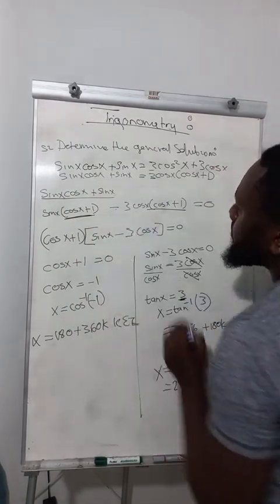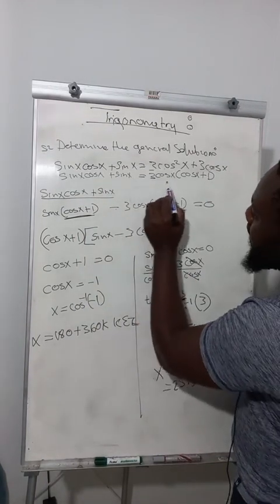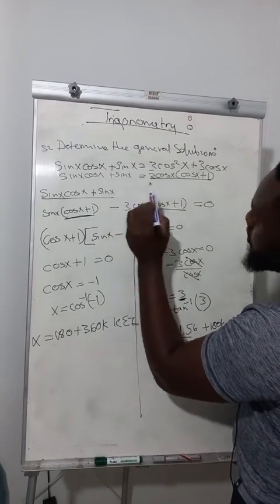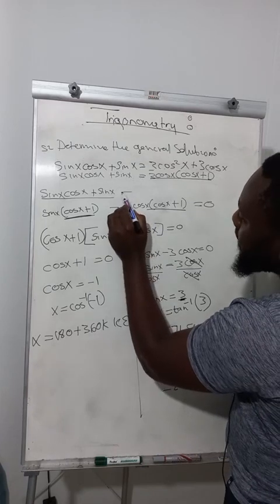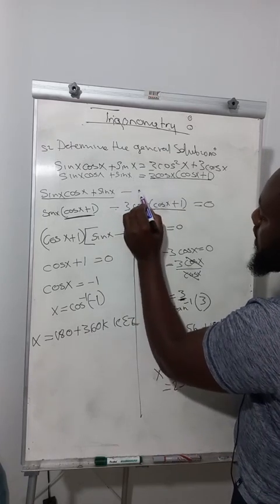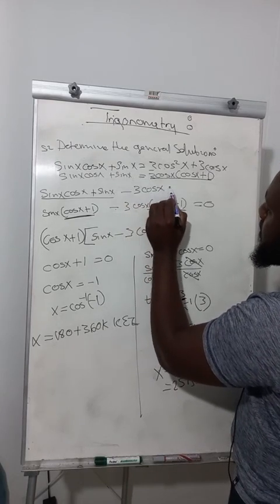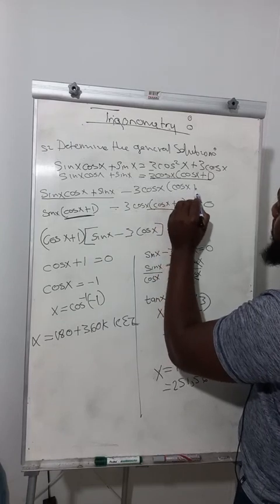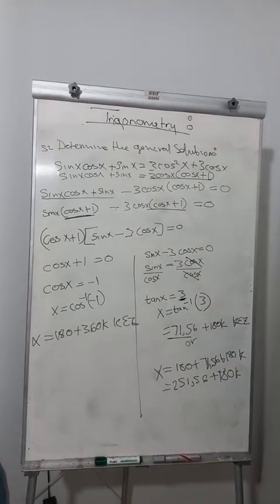Now, I will take this to the left hand side. Taking it to the left hand side, it will then say minus. This whole thing will then say minus 3 cos x into cos x plus 1 is equal to 0. This is what happened.